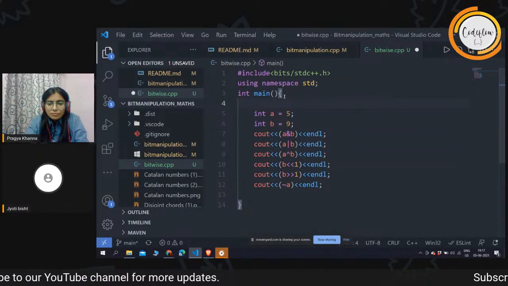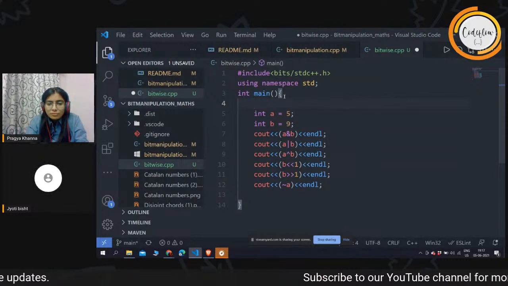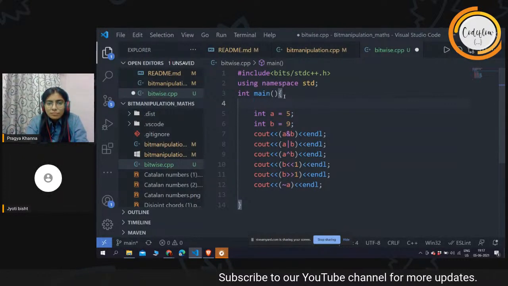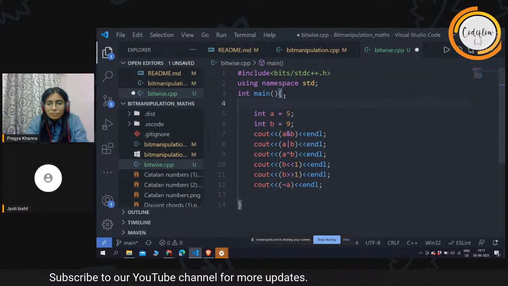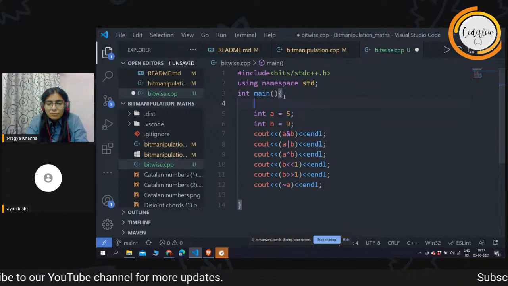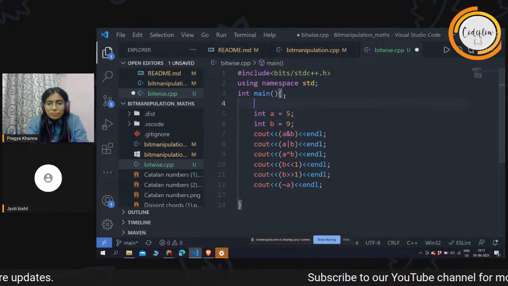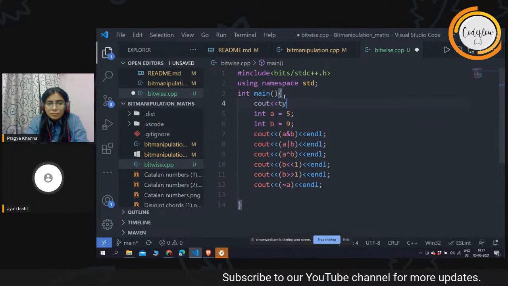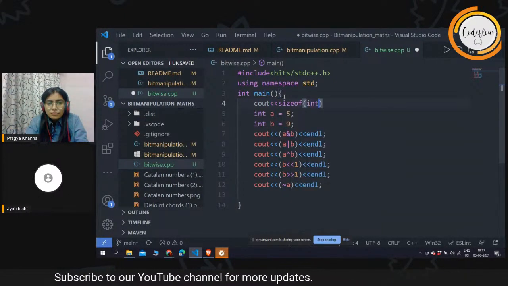I'm talking about bits, guys, not bytes. 32-bit is okay for normal operations. 64 is bigger. So this totally depends on your machine. Just go into your code editor and write sizeof(int).